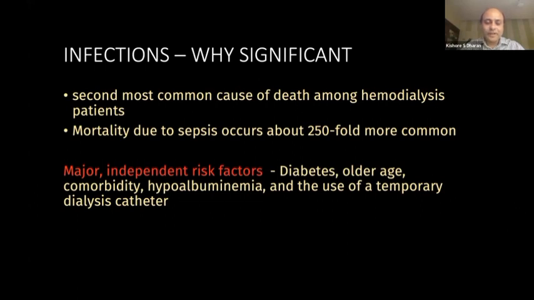The major independent risk factors for mortality due to infections are diabetes, older age, comorbidities such as cardiovascular disease and liver disease, and hypoalbuminemia. One of the largest studies has shown the use of a temporary dialysis catheter to be one of the major independent risk factors of death from infections.